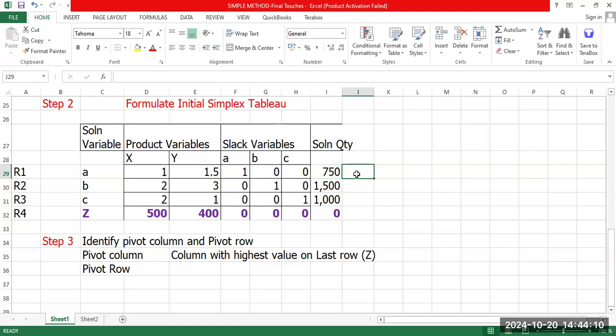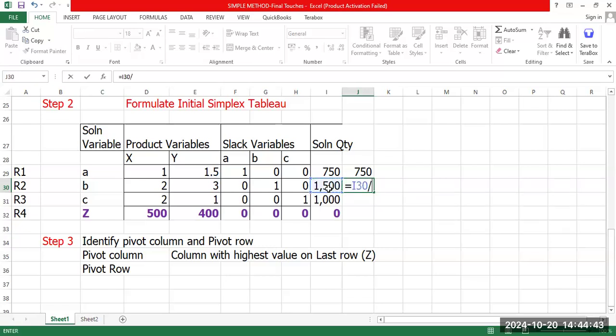So you get this 750, divided by the corresponding value on your pivot column. Here the corresponding value is 1, so we divide by 1 and you get 750. You can use your calculator, or just do this as side work.